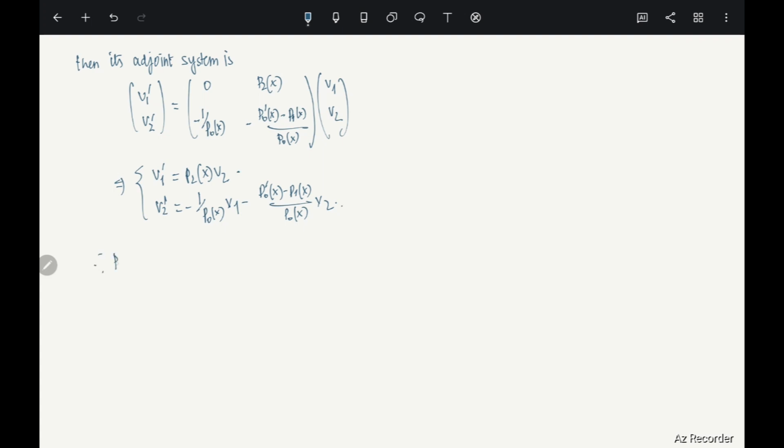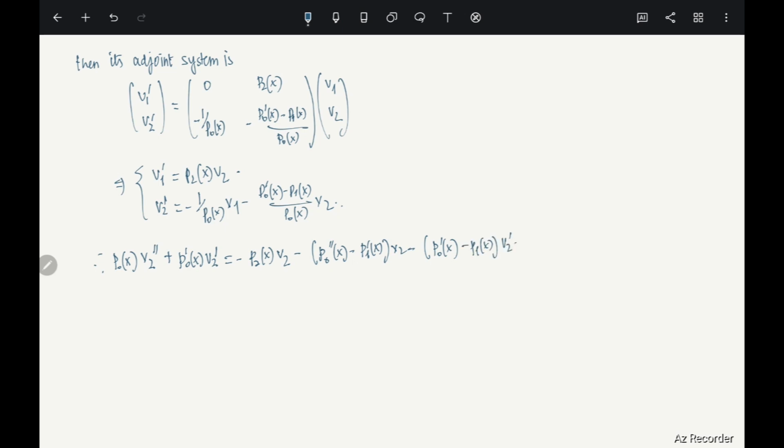You are going to get P naught of X V2 double prime plus P naught prime of X V2 prime equals to minus P2 of X V2 plus P naught double prime of X minus P1 prime of X V2, sorry about it, V2, minus, so this is a little calculation, but we have to go through it, so please bear with me here, minus P1 of X V2 prime.